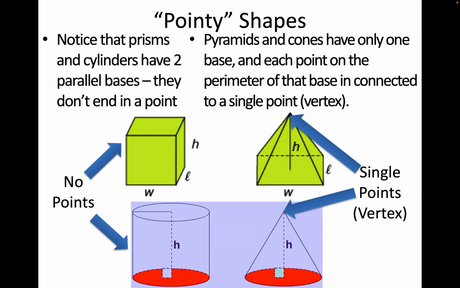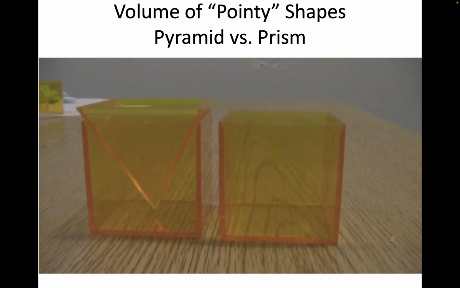Okay, now that we've defined pointy shapes, let's look at the volume of pointy shapes compared to the volume of the non-pointy shapes. So here in this video, on the left is a pyramid and on the right is a prism. They have the exact same size base and the exact same height.